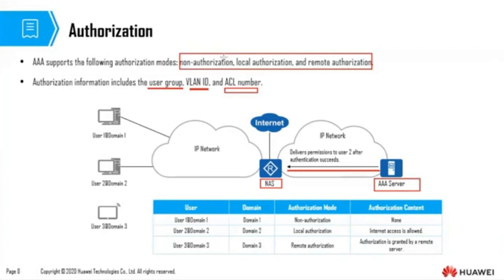Now, there's something that is important. What do you think will happen if we've configured, on this particular device, both local authorization and remote authorization? Which one do you think will be prioritized between the two? Between local and remote?